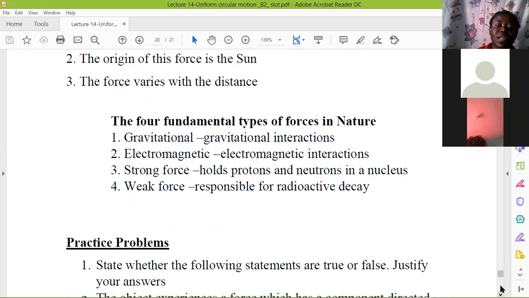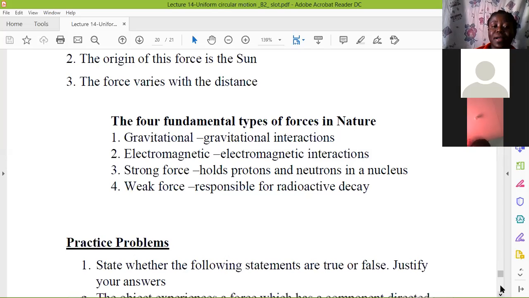We have four types of fundamental forces, associated with the gravitational force. We have the gravitational force, which is due to gravitational interactions.